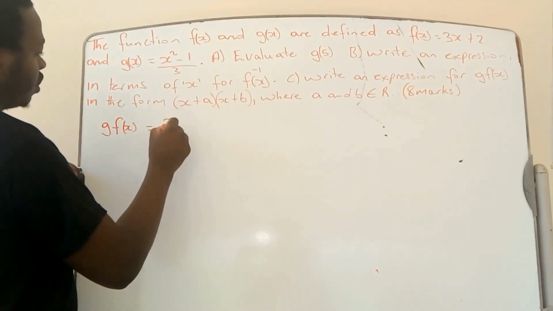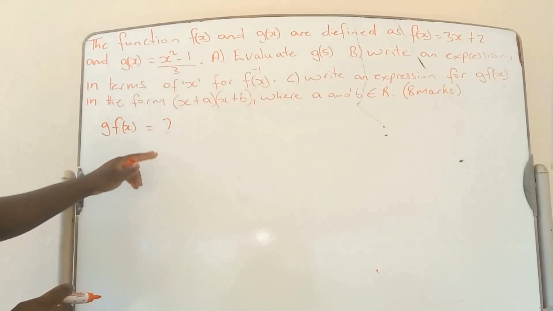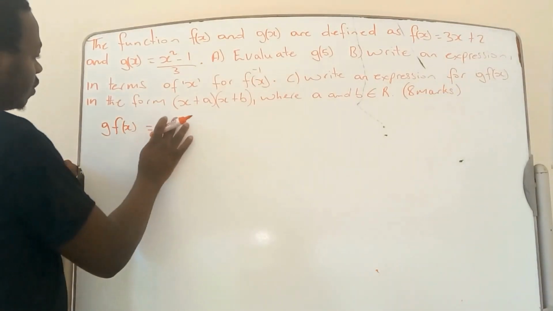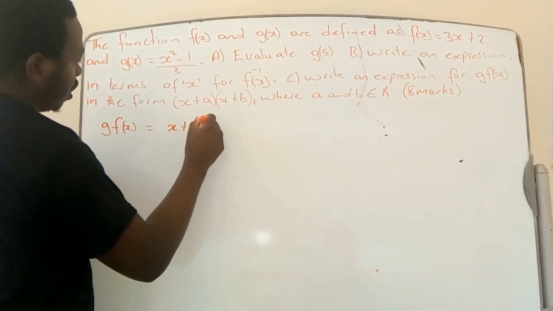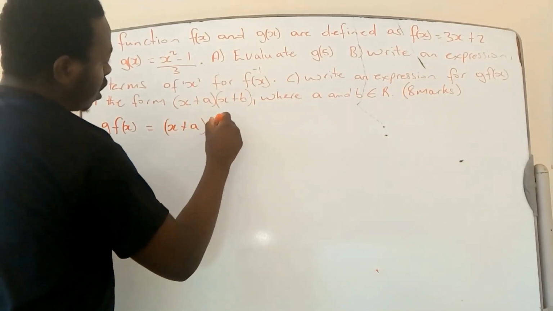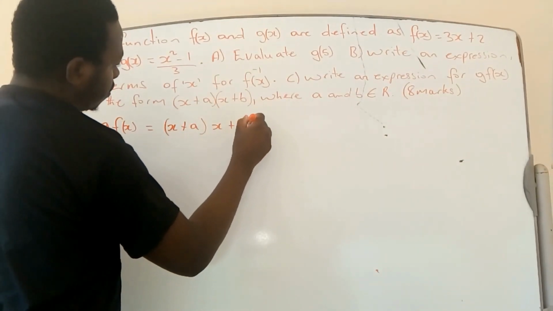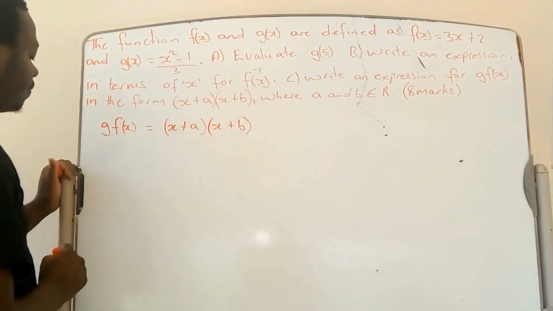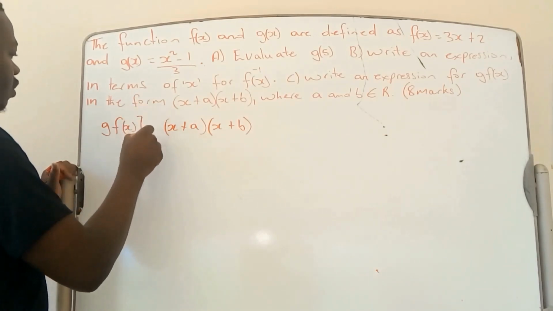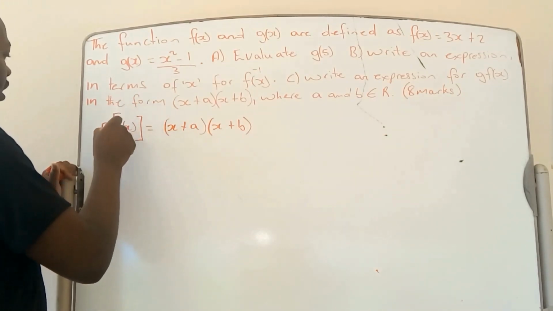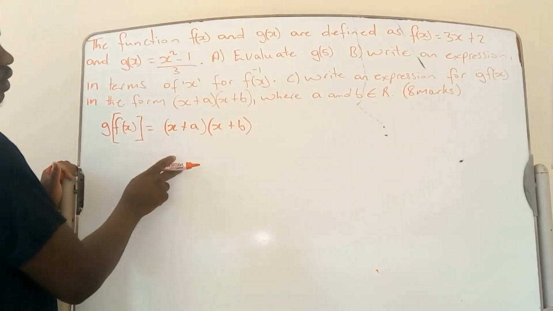So we want an expression for g of f of x, and the expression should be in the form (x plus a)(x plus b), right? So we know that this means we put the function f of x into g of x, right?